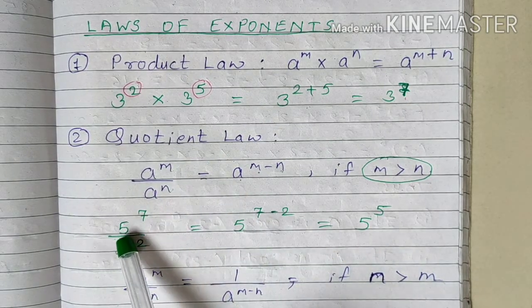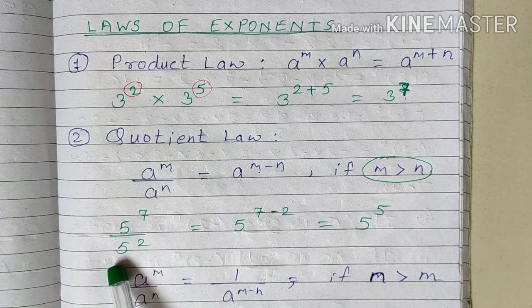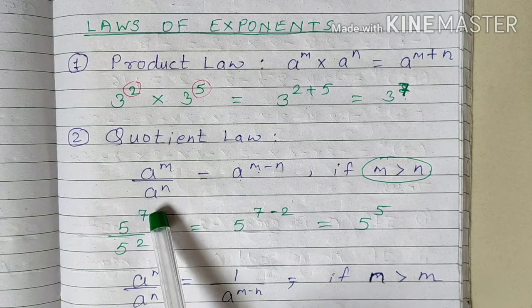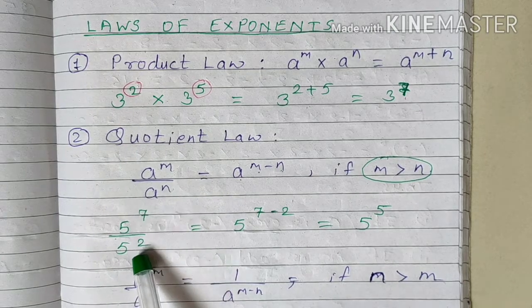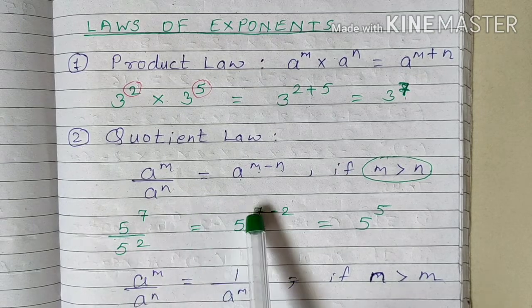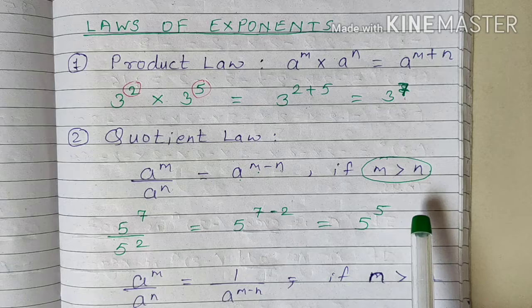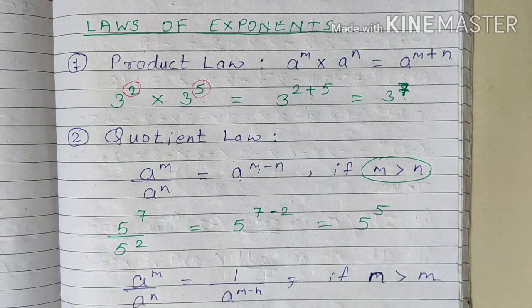Okay. Another example: 5 raised to 7 upon 5 raised to 2. See, the numerator's power is greater than the denominator's power, and the bases are equal. So we can say 5 raised to 7 minus 2. 7 minus 2 means 5 raised to 5.